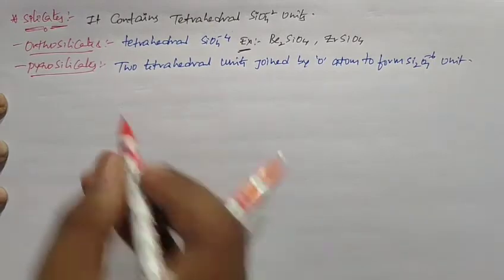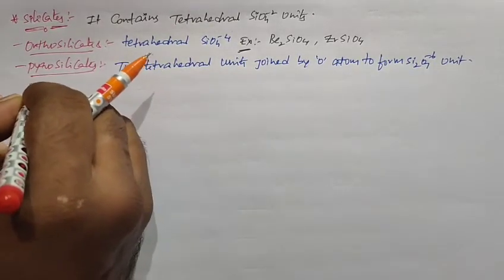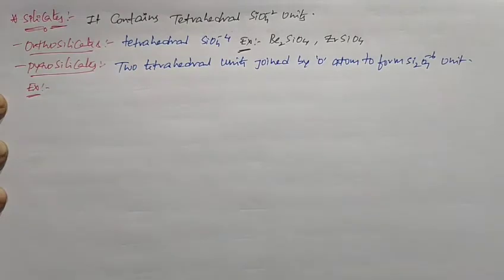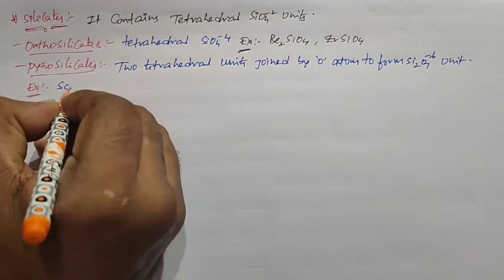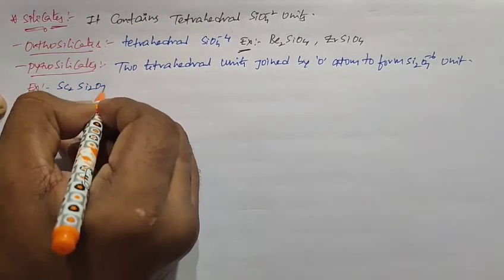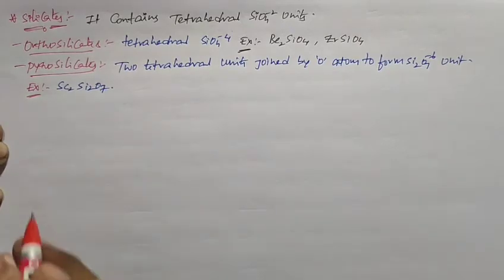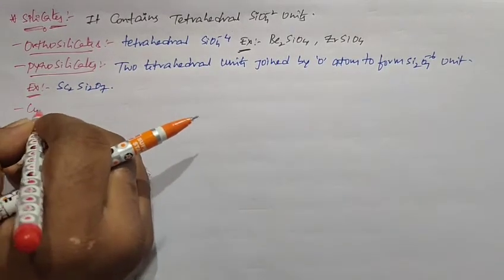An example of pyrosilicates is Sc2Si2O7.